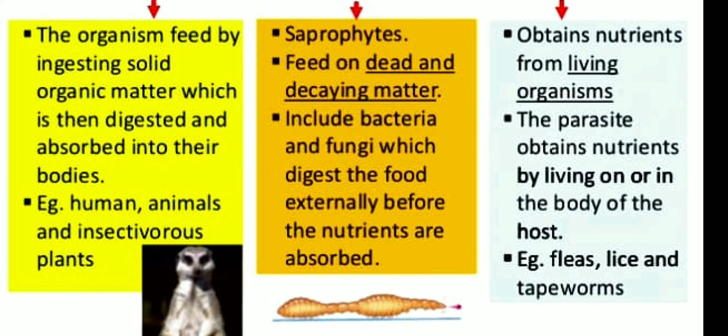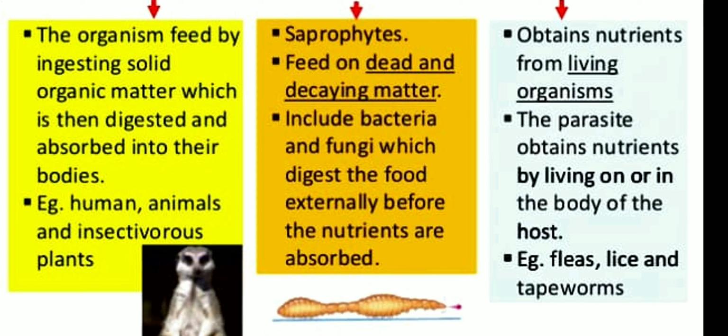So you can say the organism from which the food is absorbed is called a host. The host does not get any benefit from the parasite. The parasite takes everything from that host. In some cases the host even dies because of that parasite.